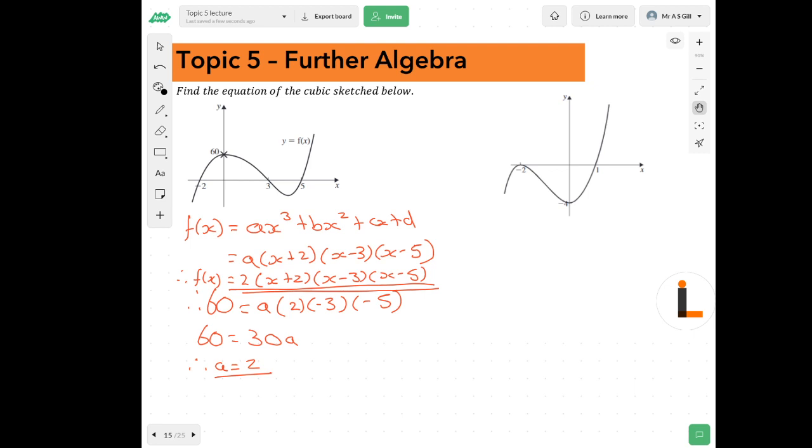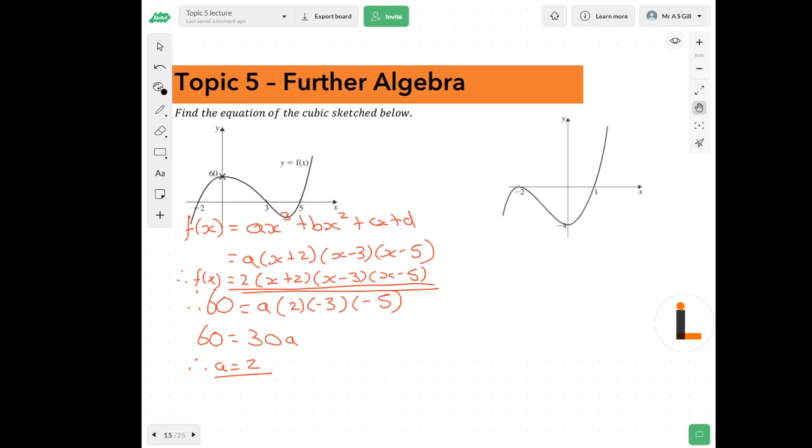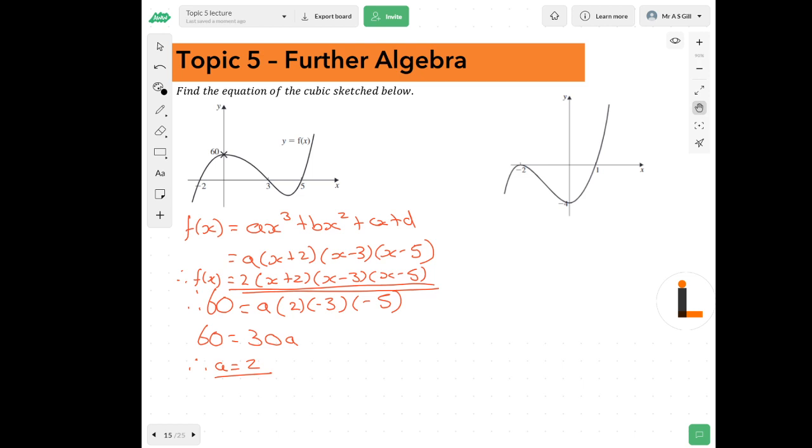Make sure you get the sketch drawn out as well, just so it makes sense. So again, we know this is a cubic.